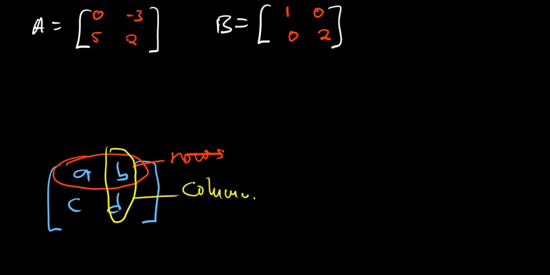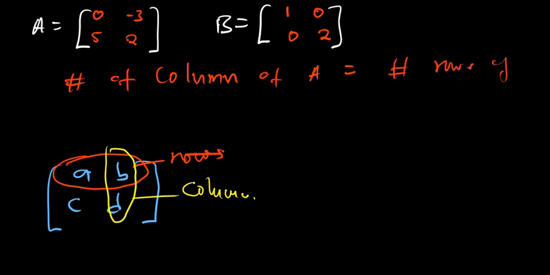For you to multiply these two matrices, the number of columns of matrix A should be equal to the number of rows of matrix B. Then you can multiply them.